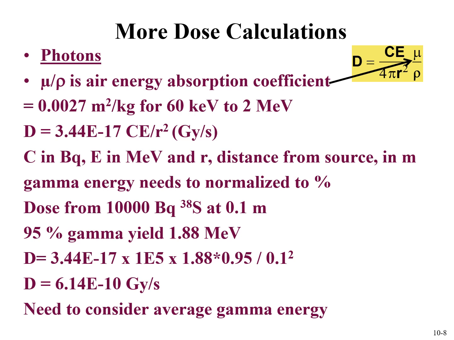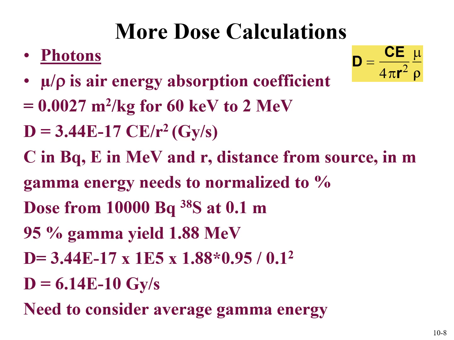We can take our dose term here, we can rearrange it into grays per second as we did for beta and alpha particles, and we get a value that is shown here: 3.44 times 10 to the minus 17 C, which is our activity in becquerel, times E in MeV, divided by R squared, where R is a distance in meters.